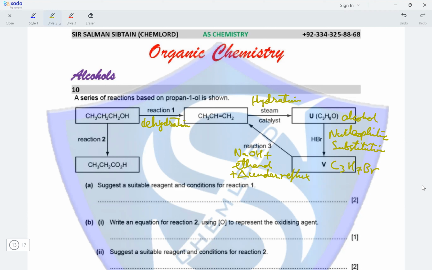Now, the reaction that is left is the conversion of a primary alcohol into a carboxylic acid, which is oxidation. And the oxidation reaction can be carried out using acidified K2Cr2O7 or acidified KMnO4 plus heat under reflux.